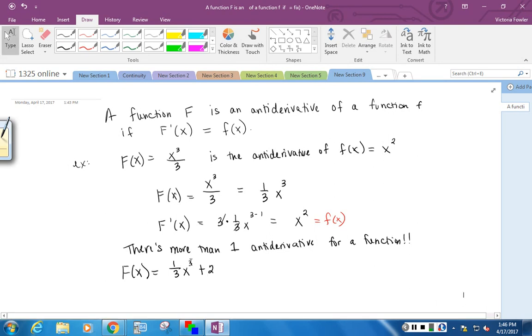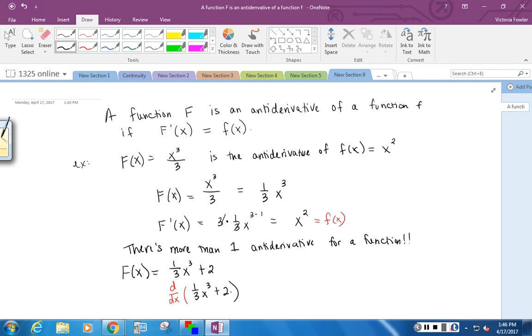Well, let's take the derivative of this function, capital F, and what am I going to get? 3 times 1/3 is going to be 1. Reduce the power by 1, I get x squared, and the derivative of 2 is 0. And look again, I have gotten back the function little f of x. So this capital F of x is also an antiderivative for the function x squared.